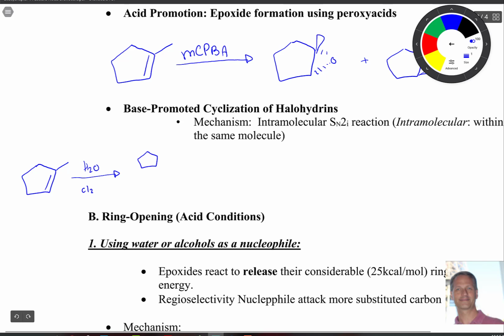Right, so one of the products is going to have our OH group pointing out here. Right, the methyl group would be going back. And remember that this occurs through a three-membered ring, right, that puts our chloro group here so that they're anti to each other.